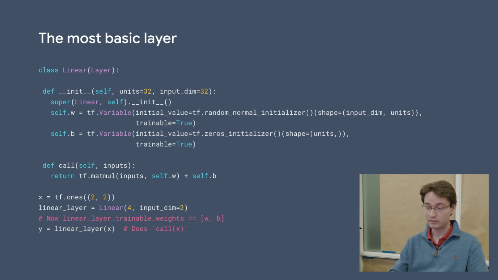So what happens when you instantiate this layer is that it's going to create these two variables, set them as attributes, and they are automatically tracked into this list, trainable_weights, right? And when you call the layer using the __call__ operator, it's just going to defer to this call method.